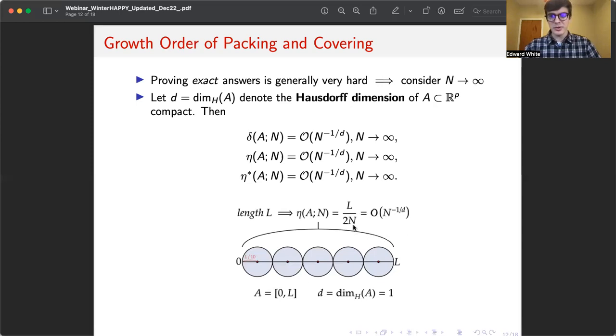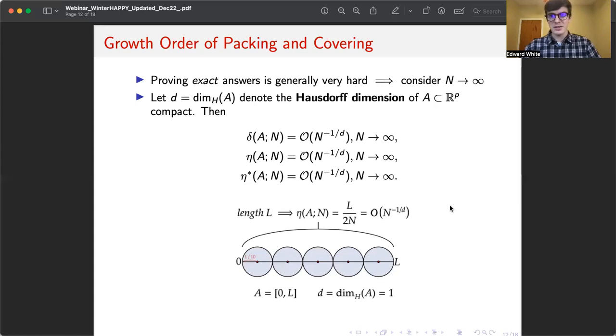This is on that growth order of n^(-1/D), where the Hausdorff dimension of this line segment is 1. So minus 1 over 1 is just n^(-1), which explains why we have an n in the denominator and not n squared or n cubed. So this is the simplest case of why this is true.